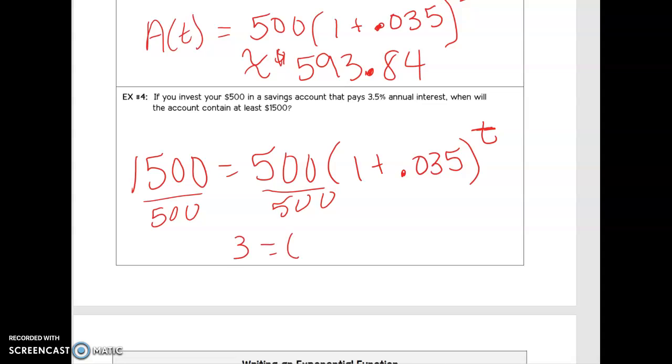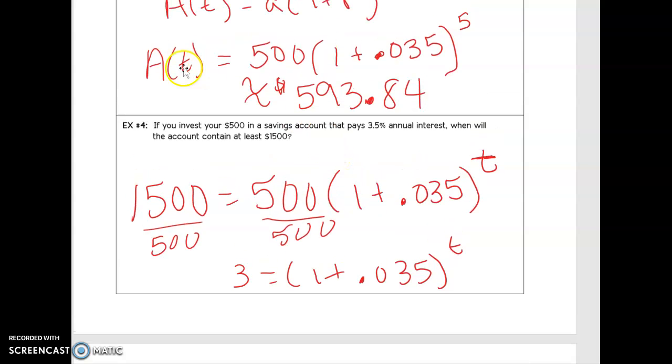So 3 equals (1 plus 0.035) to the power of t. I think this lesson's wanting you to graph it. So I may be messing up here. And it does, because we're going to talk about how to solve this in a later lesson. So scratch what I just said right there and graph your equation, which is right up here.